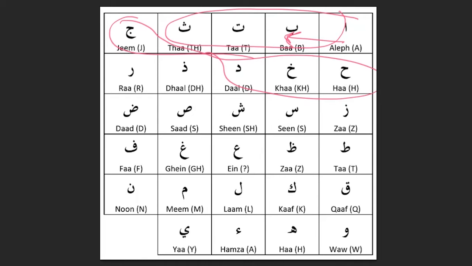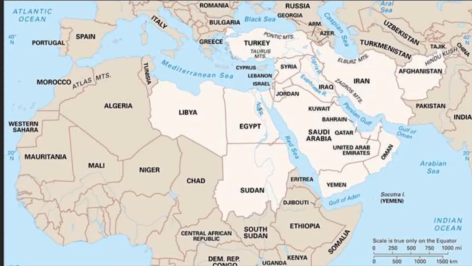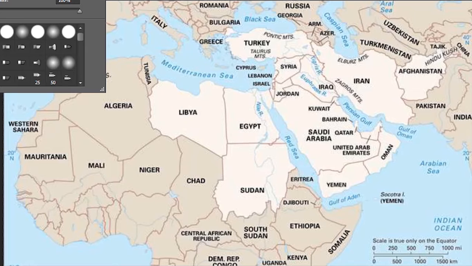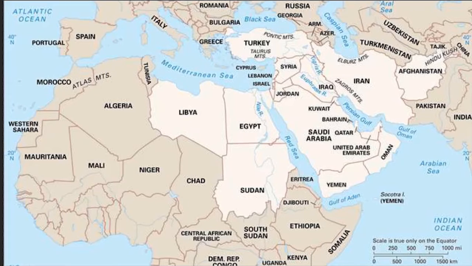Now, why I think it's hard and why I think a lot of people think it's hard is because if we look at the map, the thing is, I think it's common with other languages too, that you have a formal type of the language.